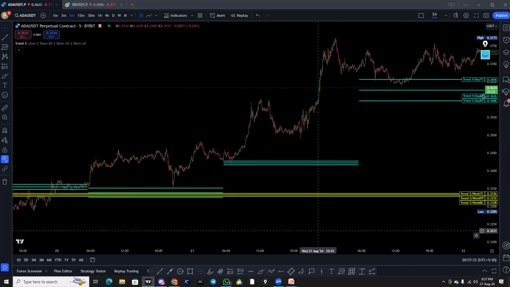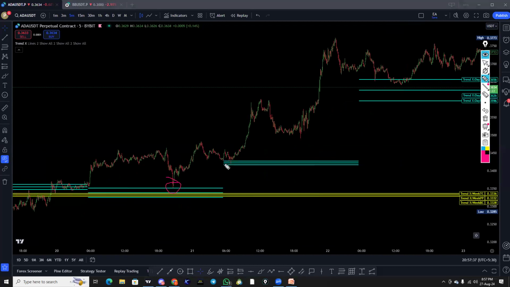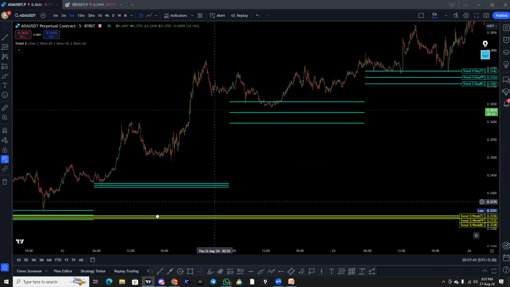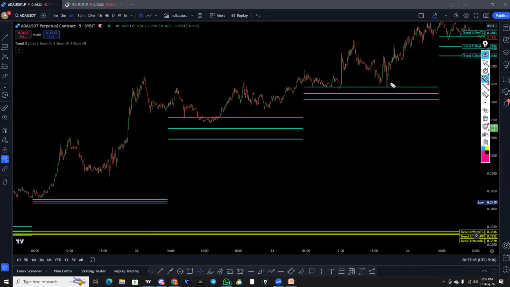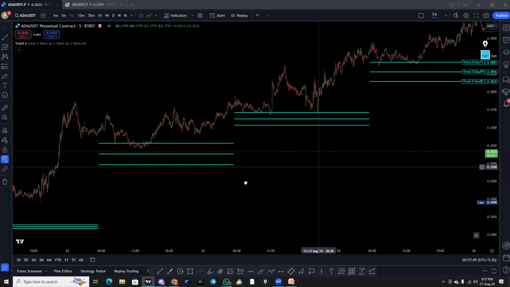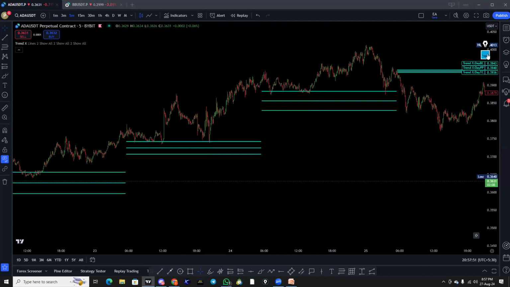On day one, it took support from this level. Day two took support. Day three here, correct? So now day four, it took support from this level. Day five took support. As soon as it took support, it came and dropped down.